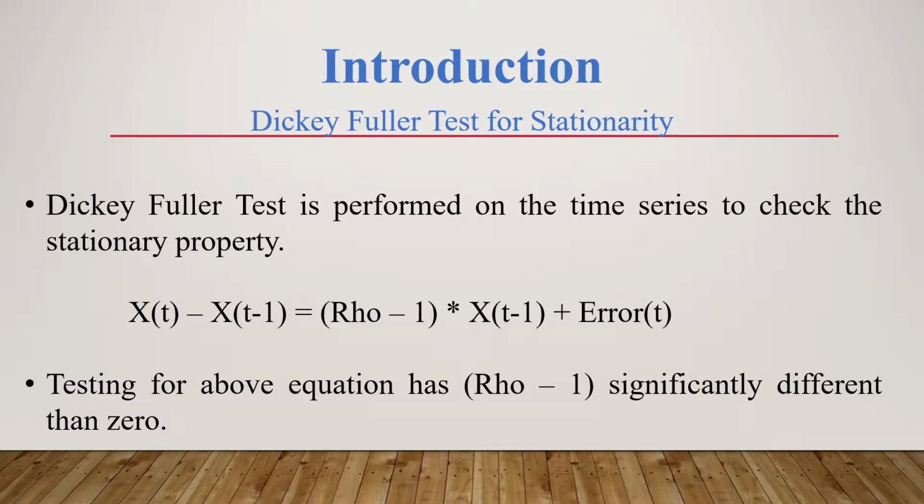In this test, we check the rho minus 1 parameter, whether it's significantly different than 0 or not, because a perfectly non-stationary series has rho's value equal to 1. Hence here the null hypothesis is rho is equal to 0.